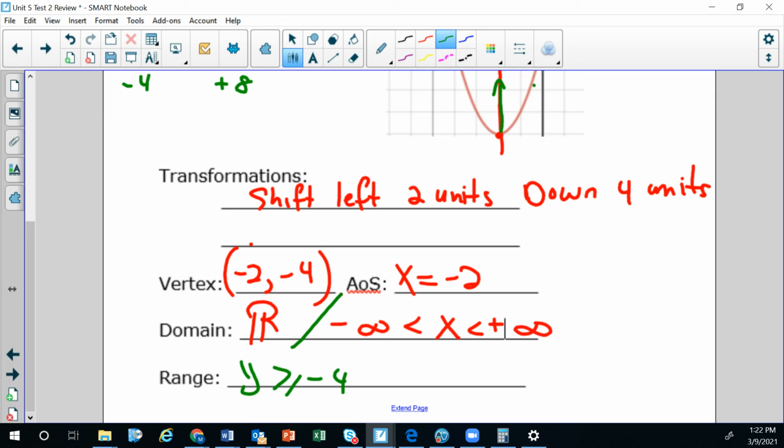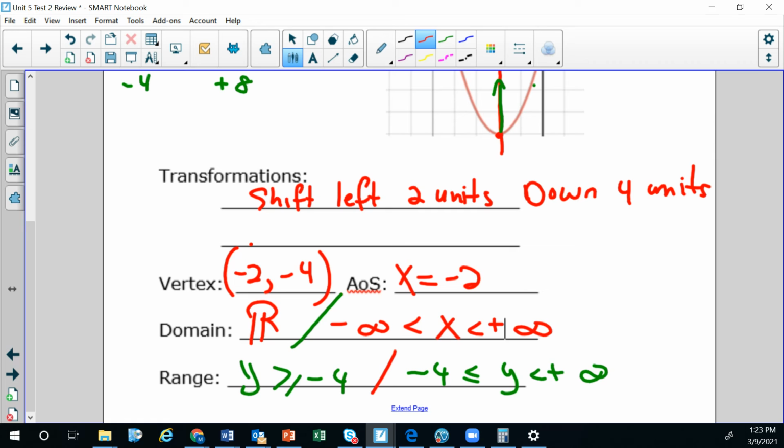Or I can say -4 is on the left side, positive infinity is on the right side, using less than or equal with -4 and less than with infinity. So those are two ways you can write the range.